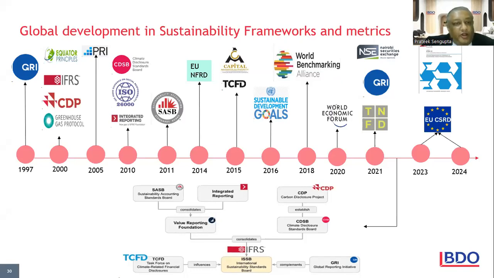In 2011, the SASB standard was developed and adopted. This was primarily more so for companies that were listed in the United States of America, whereas GRI was something that was globally applicable. The adoption of SASB till very recently was limited primarily to the North American market.